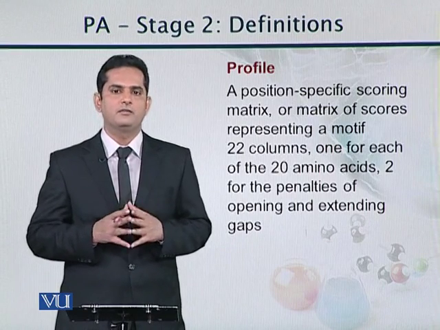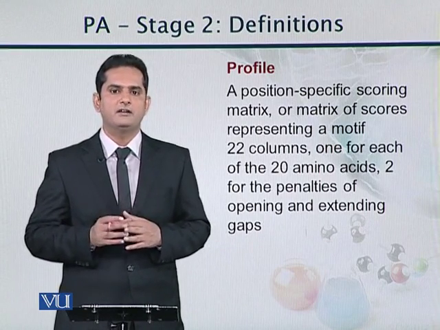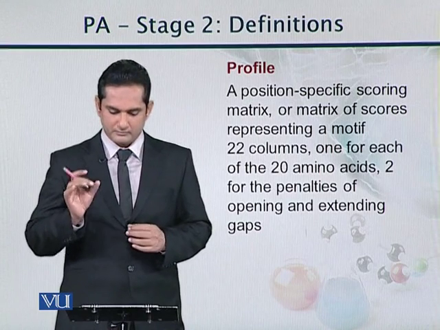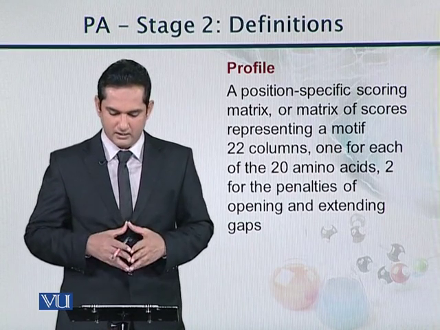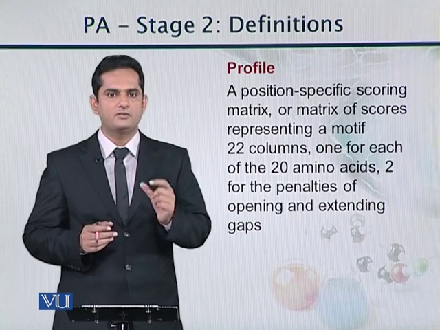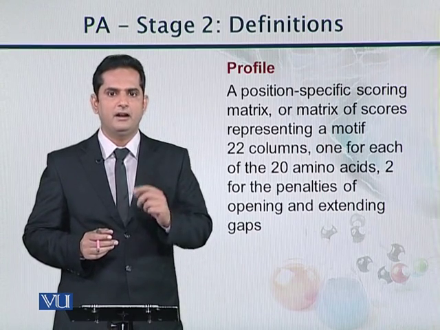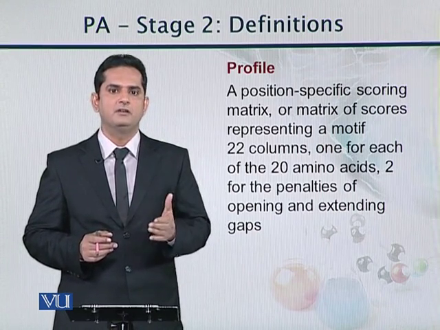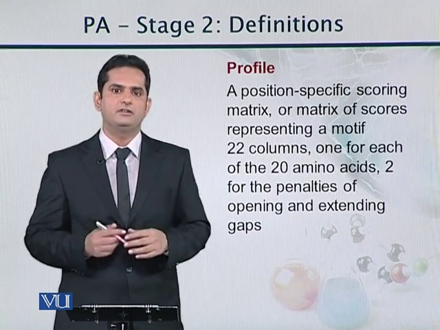Commonly used for proteins, of course, that matrix is of size 22 by the length of the sequences, and what will happen? First 20 positions are for amino acids, and the remaining two positions are for gaps which can be there in amino acid sequences.